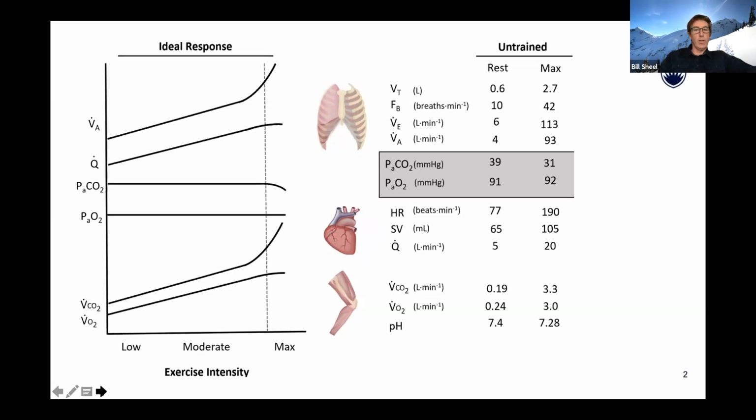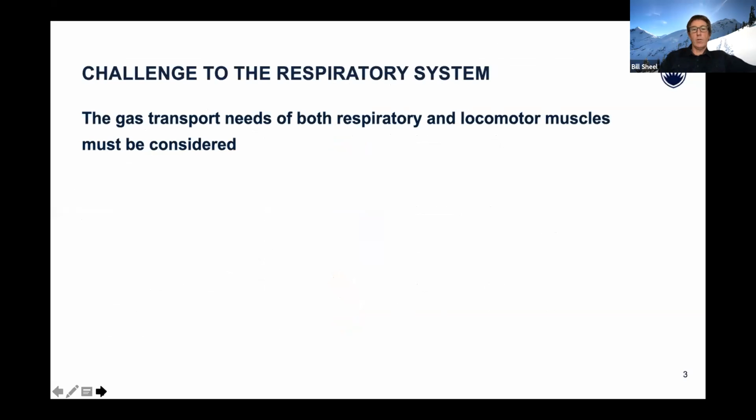But what I would draw your attention to is that the arterial blood gases, for example, arterial partial pressure of oxygen, in a healthy person are maintained even in the face of maximal exercise and a several-fold increase in many physiological variables, implying that the respiratory system does its job. But what I'm interested in, and we'll talk about today, is the musculature that generates the appropriate ventilation to maintain blood gas homeostasis.